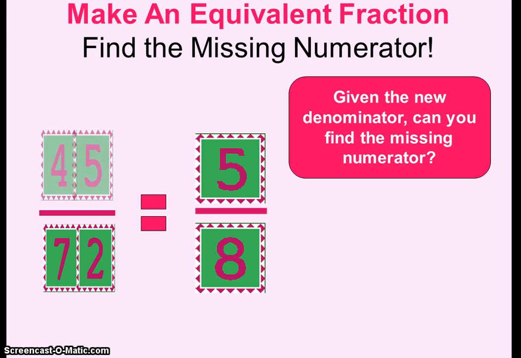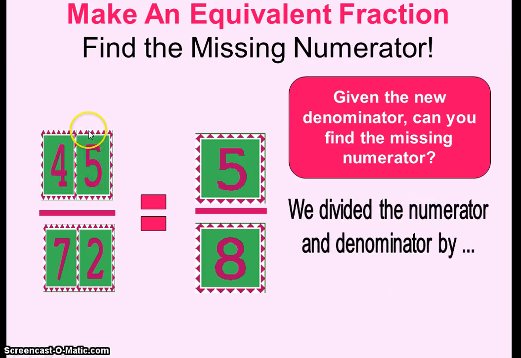Okay, so I solved this to be 45. Well, how did I get that? I looked at this problem and said 72 divided by what number gives me 8? And I figured that number to be 9. Okay, so to get this, I say, well, 9 times 5 will give me 45. So that must mean I divided by 9 to get this.